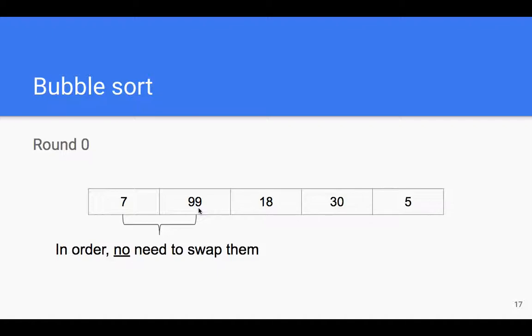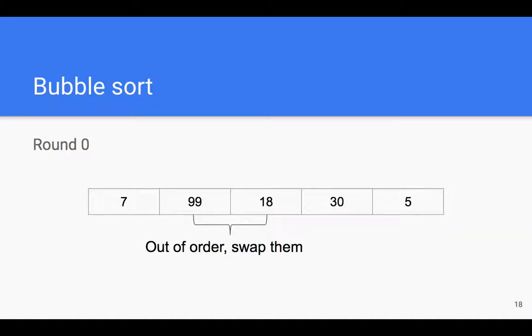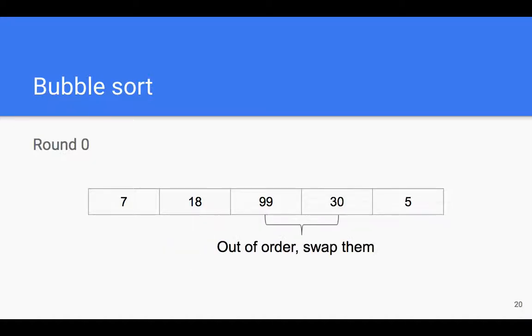They are in order because 7 is less than 99, so no need to do anything. They are already fine. For the next pair, we compare 99 and 18. Well, 18 is less than 99, so we should swap them. Then we look at the third pair, 99 with 30. Again, 30 is less than 99, so 30 should come before 99, or we move 99 further to the right.